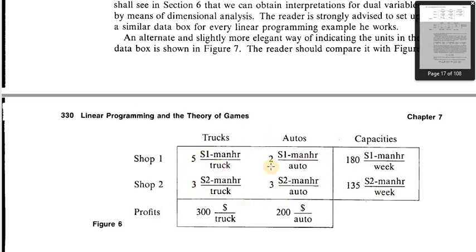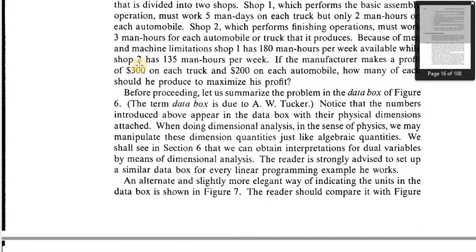Now notice something. Notice the units on these capacities and on these profits. The profits given were 300. It says $300 on each truck. So you should think about that. $300 on each truck means $300 per truck. The units of that 300 is dollars per truck.